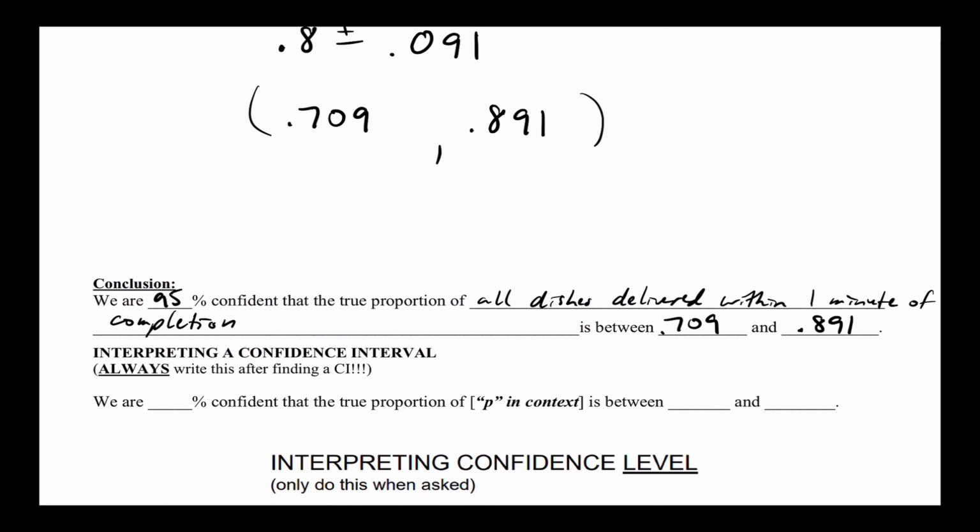So interpreting. Down here is another example of the sentence frame. We are blank percent confident that the true proportion of P in context, right, from that step one, is between blank and blank. Okay. Interpreting. We always interpret the confidence interval.